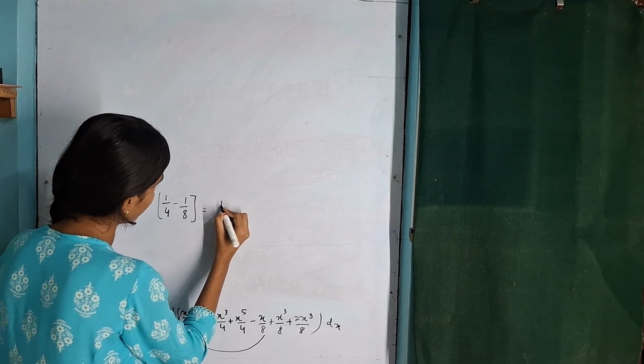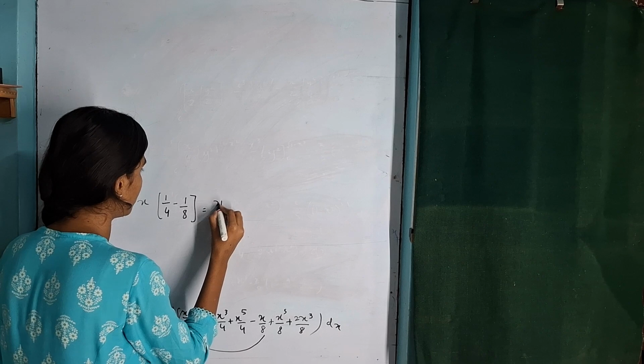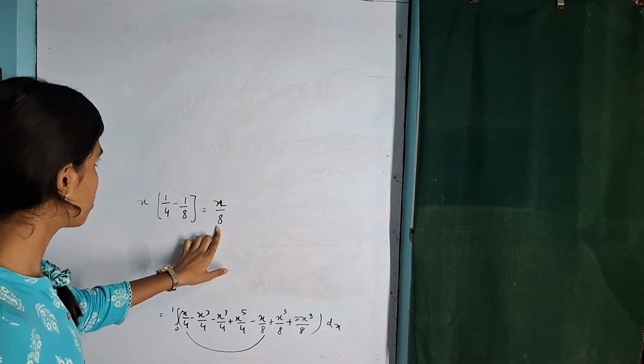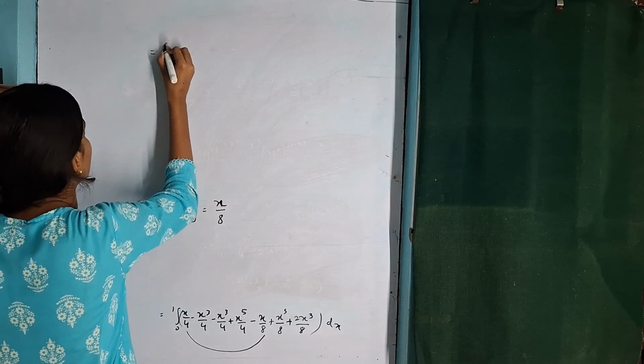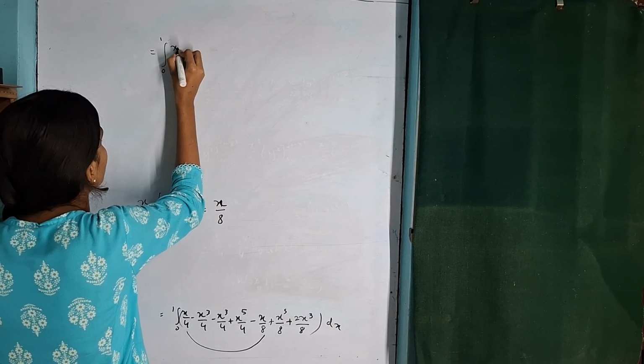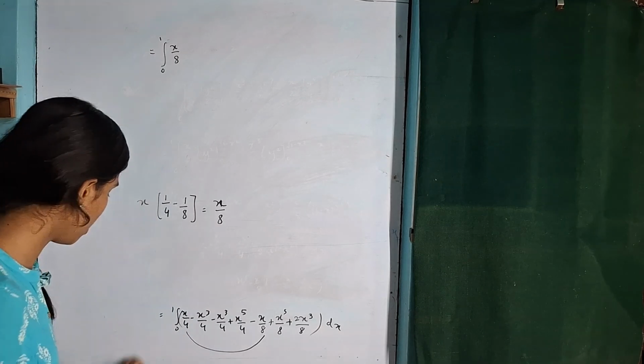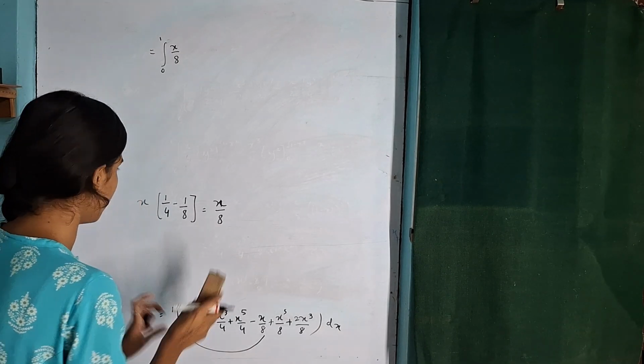This will give you the answer of 1 by 8. So you are going to write x by 8 for these two terms together.